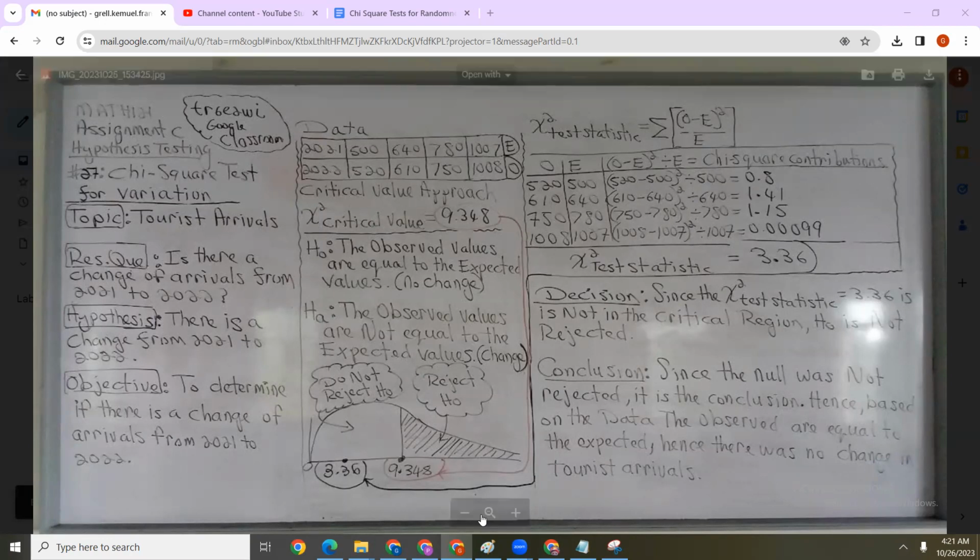It's got to be placed on the number line on the distribution curve, and where it lands, it will tell us what to do with the null. So because 3.36 is less than 9.348 here, we do not reject the null. And that is the decision that was made. And since the null statement was not rejected, it will be the conclusion, which is stated here.